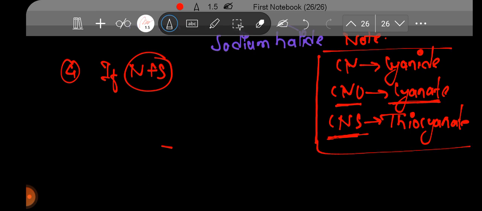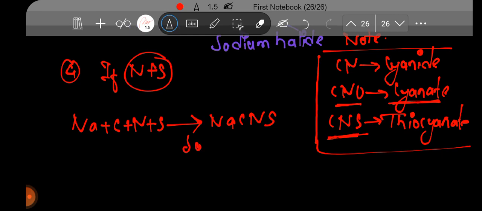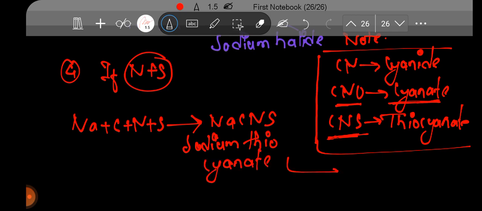Let's see here. If we include nitrogen as well as sulfur in that organic compound, then we can write sodium plus carbon plus nitrogen plus sulfur gives NaCNS, which is also known as sodium thiocyanate, which gives Na plus CNS minus.